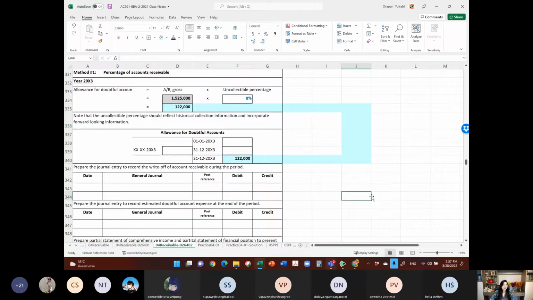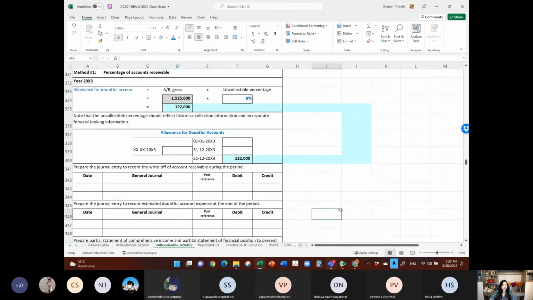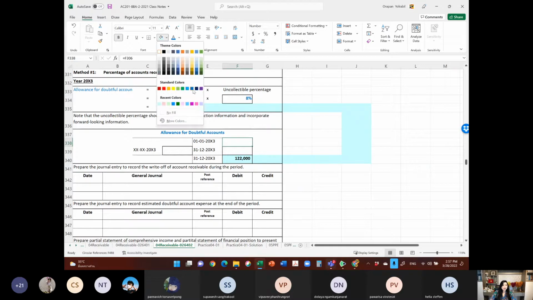So the ending balance of the allowance that you want to have from this calculation, right? You get the ending balance, and it's 122,000. At the beginning of the year, you already have 118,400. Where do you get this number?